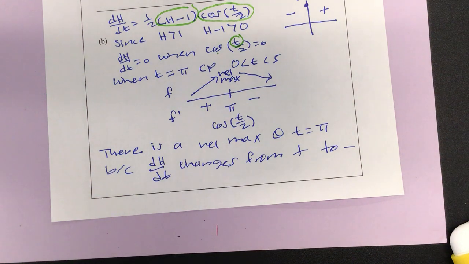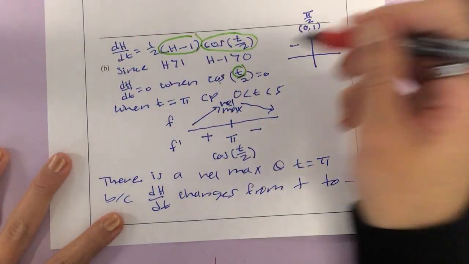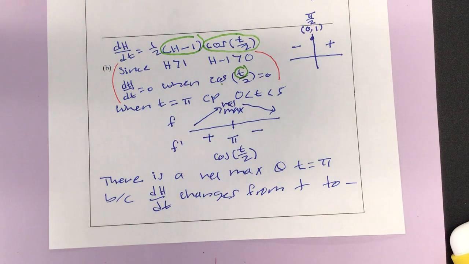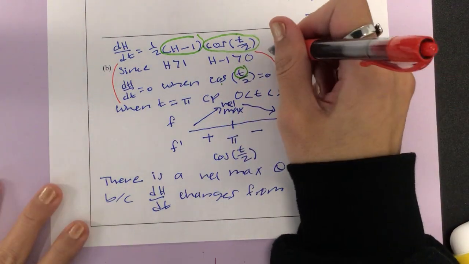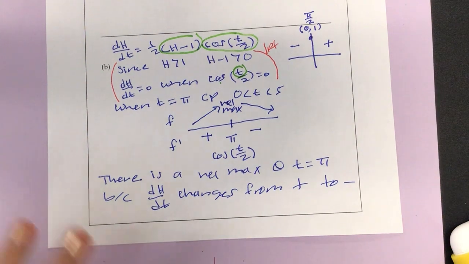Now let's see how the breakdown of the points are. Listing out why we did not test h minus 1 is equal to 0, and noticing cosine of t over 2 is equal to 0 is 1 point. So basically, noticing the condition of the slope being equal to 0.